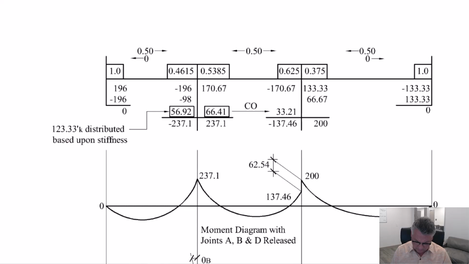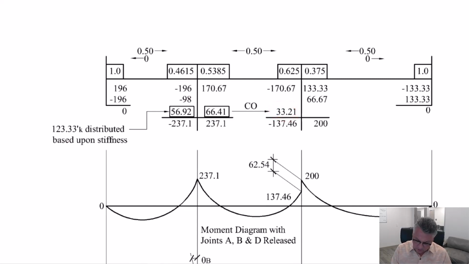We're almost good, except for the fact that by putting this joint in equilibrium, we just affected the far end of this beam. So we have a carryover factor. We have to carry over half of the 66.41 to the joint C. 33.21 comes over here.